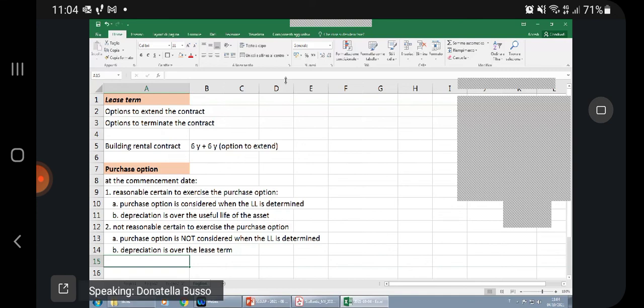Okay? But in real situations, the application of IFRS 16 is very complex because it is not enough to analyze everything at the commencement date. It is necessary to follow the contract, because maybe at the commencement date, the option to extend the contract is considered to be not reasonably certain. But after 3 years, it could become reasonably certain.